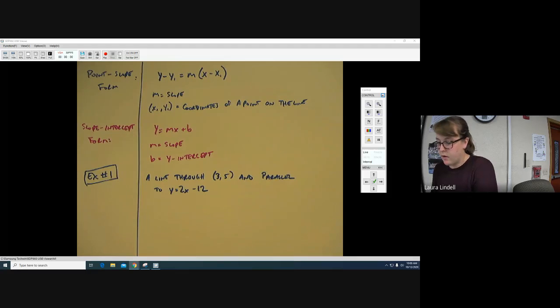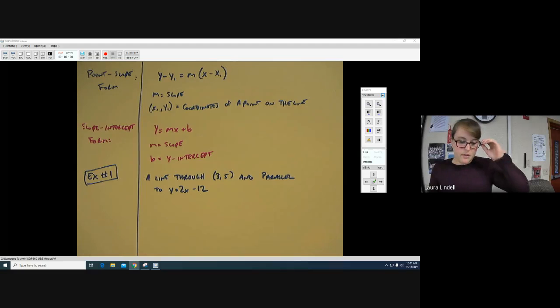Okay. So I'm going to show two different ways to do this. The first way is to put it into point-slope form and then change that into slope-intercept form. The second way involves about the same amount of algebra, but it's going to be using slope-intercept form exclusively. Because at the end, we want things to be in slope-intercept form.